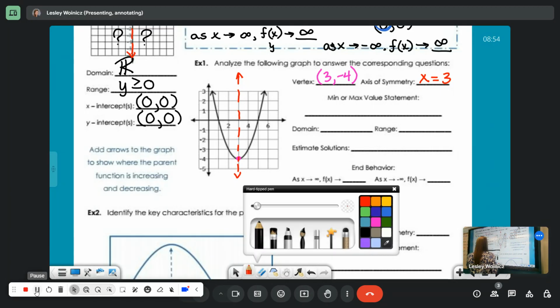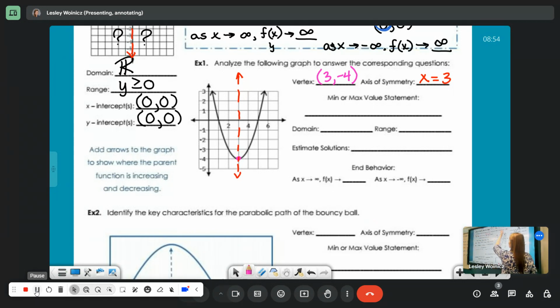So, I'm going to be in my vertex color. What happens when x is 3, do we have the highest value or the lowest? Okay, that's basically the min or max value statement.